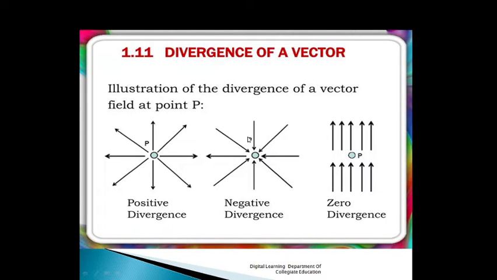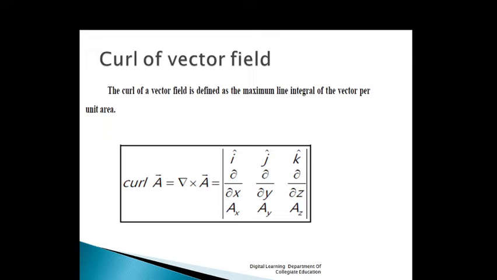If a vector field is converging, then the divergence of vector A is negative, and these are sinks. The divergence value is 0 if the vector field entering and leaving the element is the same.